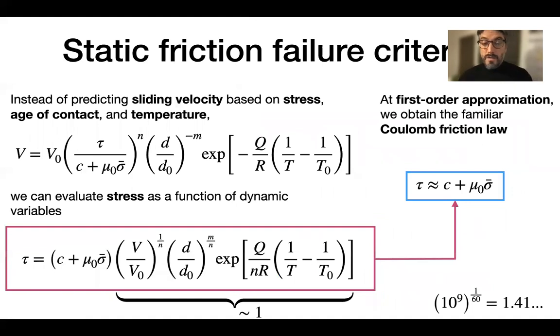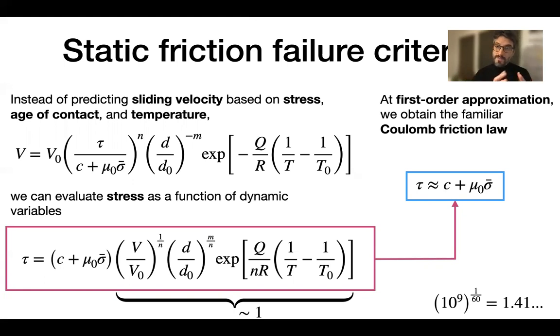So we can look at this multiplicative form of rate and state friction from a different angle. Instead of looking at the velocity as a function of stress, we can look at the stress as a function of all the other dynamic variables. When we do this, we find that the stress is at first order proportional to normal stress, perhaps with a cohesion term, but modulated by the velocity, the curvature of the microasperities, and temperature.